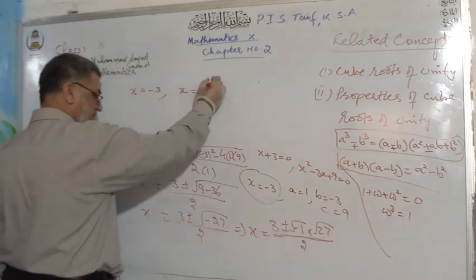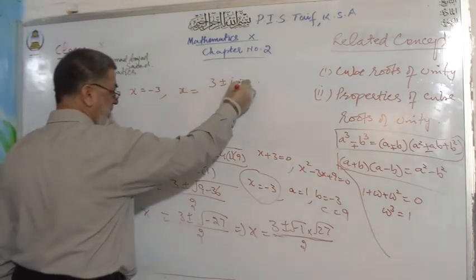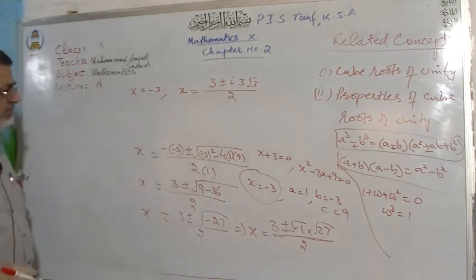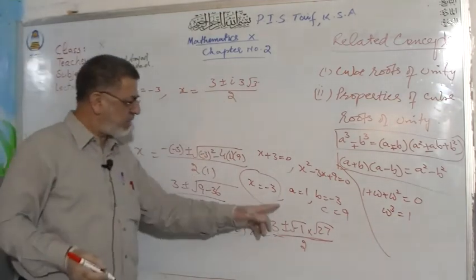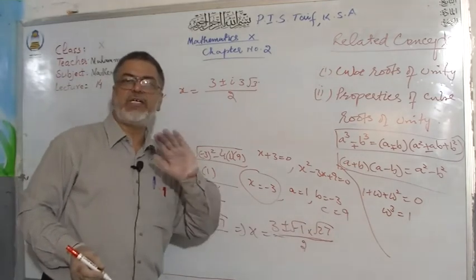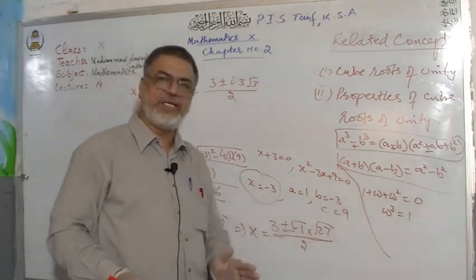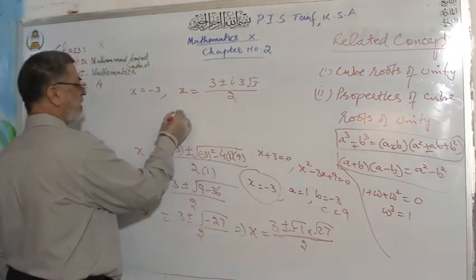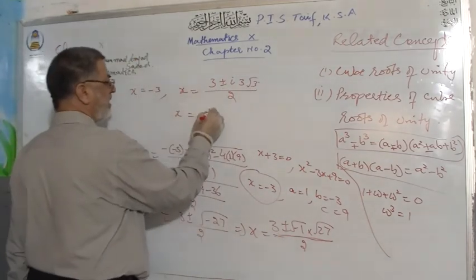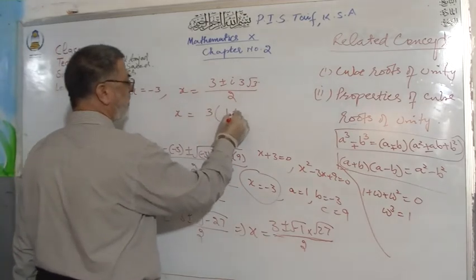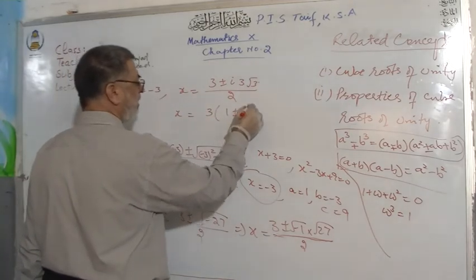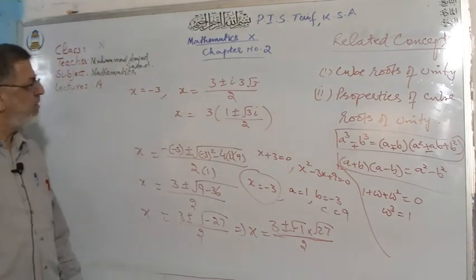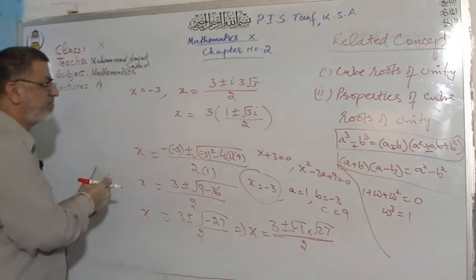And x is equal to 3 plus minus iota 3 into under root 3 over 2. This is iota. 27 is actually 3 into 3 into 3, so the 3 that is doubled comes out as a single 3 outside. Take 3 common from here: 1 plus minus under root 3 iota over 2. We have taken 3 common from here.